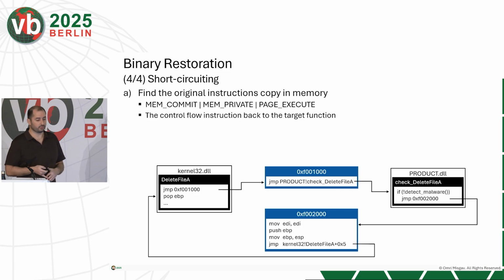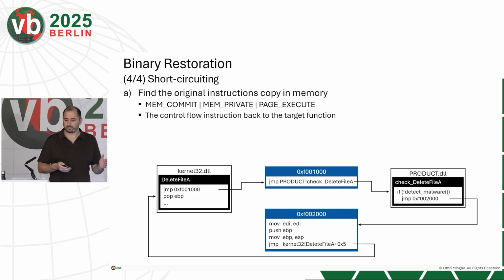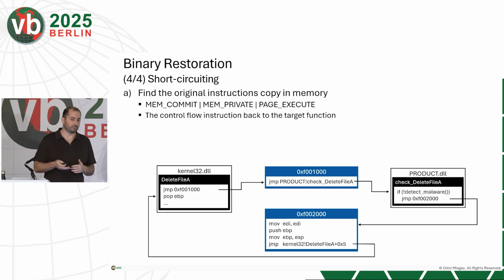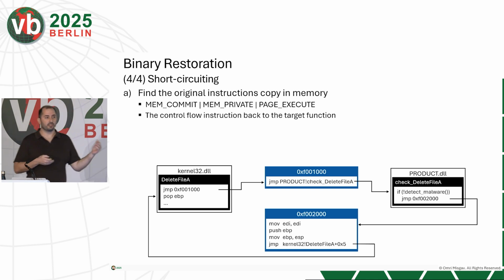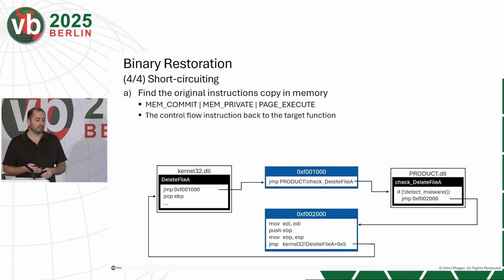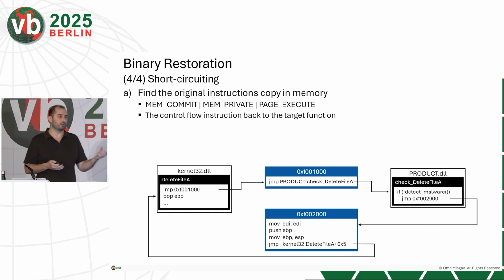The last technique is called short-circuiting. Basically, instead of either overriding the code or getting the original code from disk or doing a lot of very complicated things like that, an adversary can just find the original code that the hook engine, the protection engine, copied elsewhere.